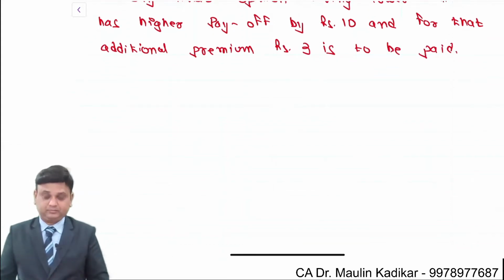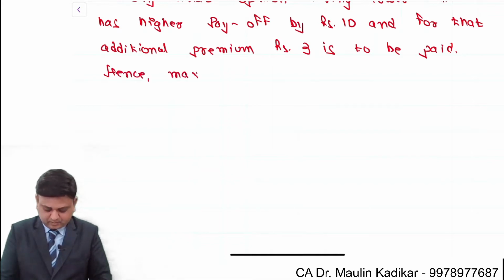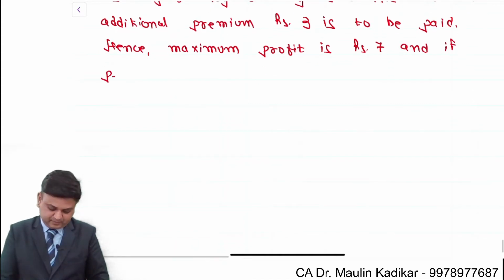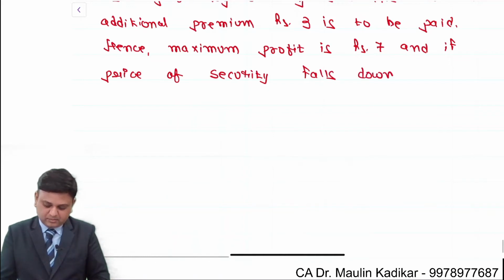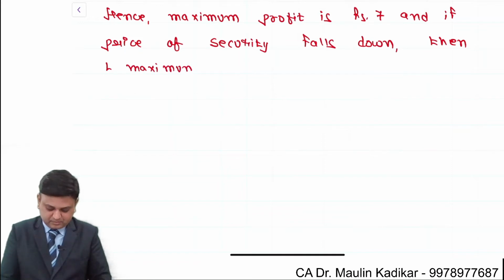Hence the maximum profit is rupees 7, and if the price of the security falls down, then the maximum loss will be rupees 3.